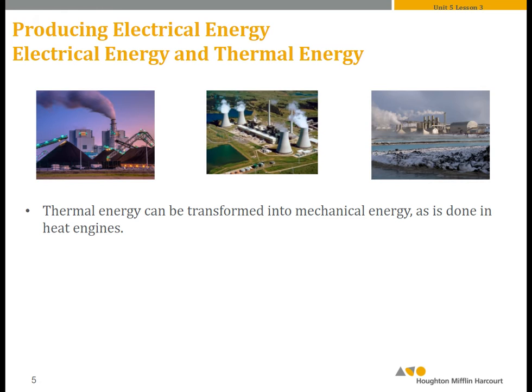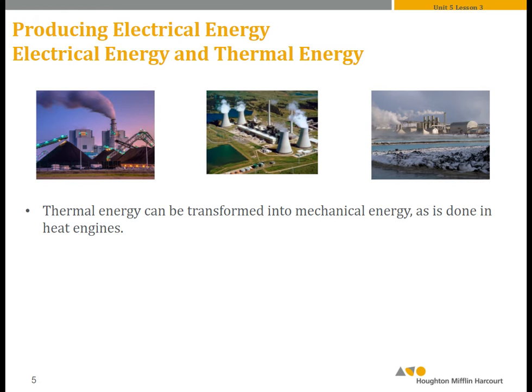However, to a lot of people, these are preferable to what are currently the most common ways of generating electricity. We get most of our electricity from burning fossil fuels. And when we burn fossil fuels, we convert thermal energy into mechanical energy.